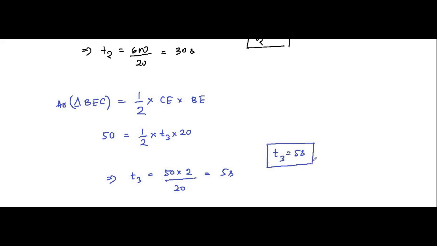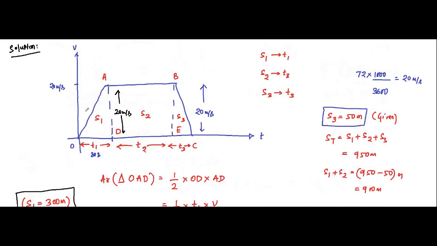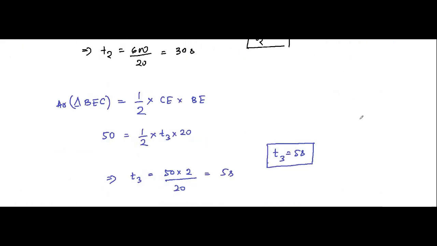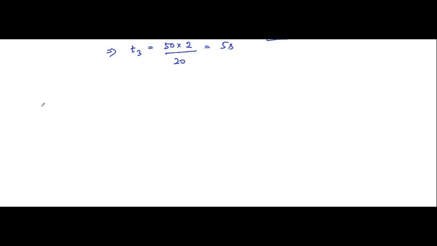Now we have to calculate the acceleration. Let this angle be alpha and let this angle be beta. The acceleration of this OA portion is the slope of the OA line, tan alpha, which is equal to AD by OD.